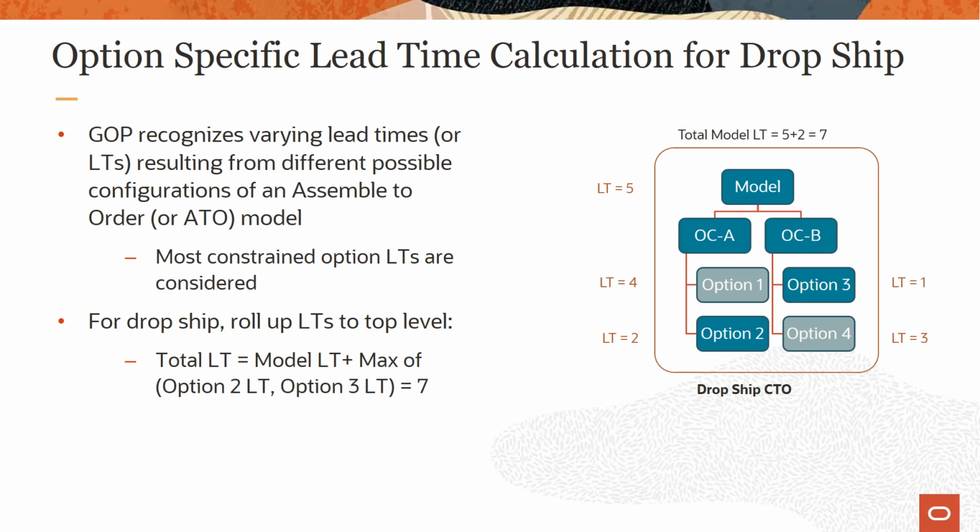The total lead time would be the model's lead time as well as the maximum of the lead times of the selected option items. So in this case, it would lead to a total lead time of 7 days by taking into consideration the top level model's lead time of 5 days and the option items lead time of 2 days.